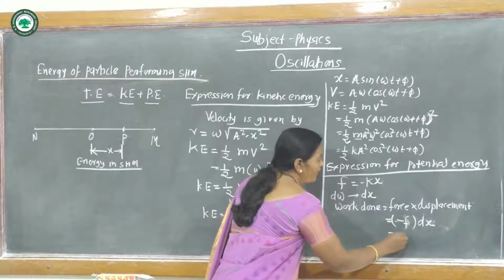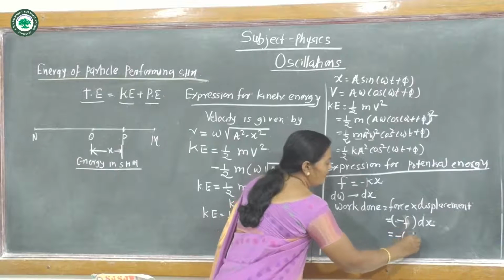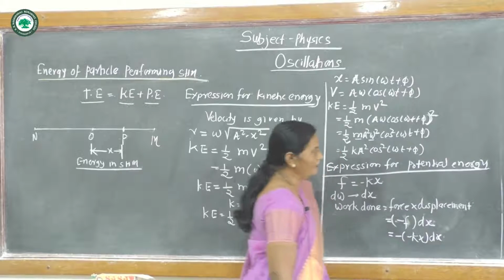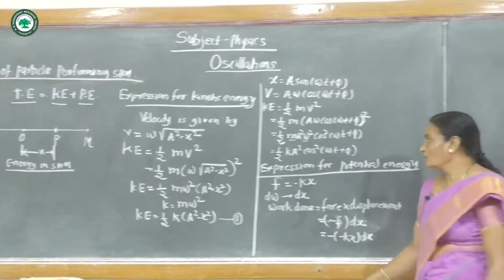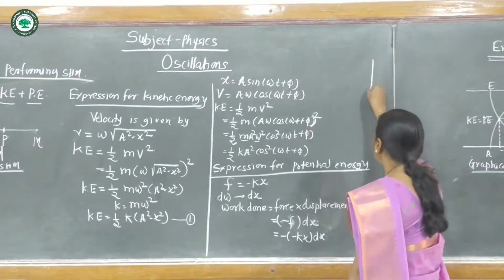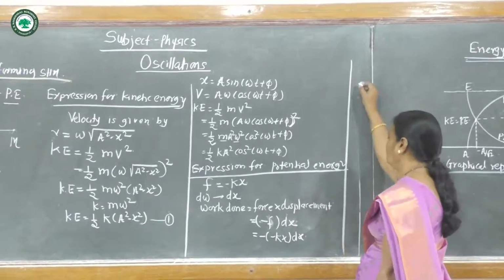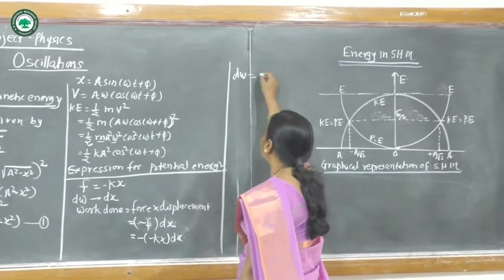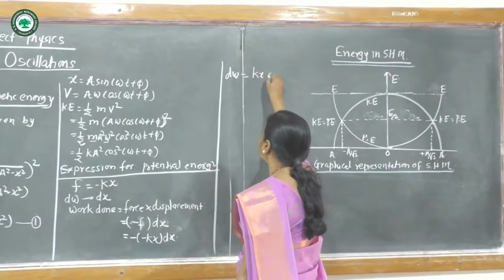Substituting minus kx into dx, dW is equal to kx dx.